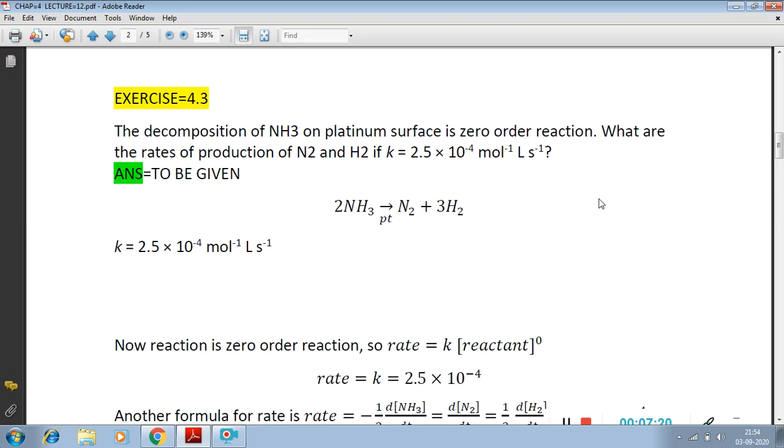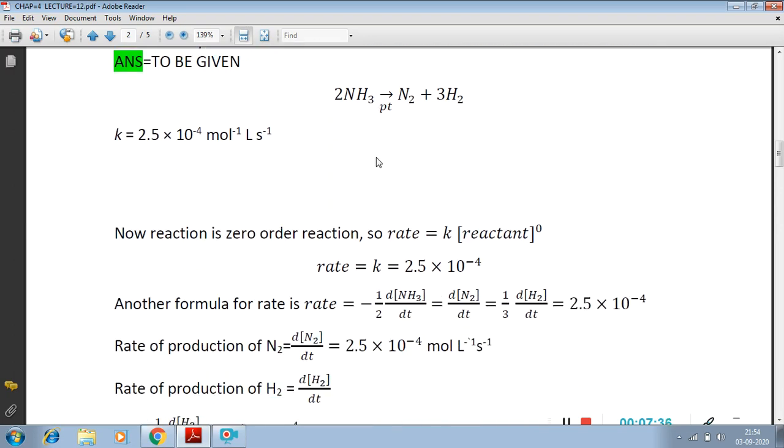Now for this reaction, K is given to us, 2.5 into 10 raised to minus 4, and also our reaction is zero order reaction. You can see here it is written. Now our reaction is zero order reaction means for that reaction, if we write equation, rate is equal to K, that is rate constant, into concentration of reactant raised to 0.